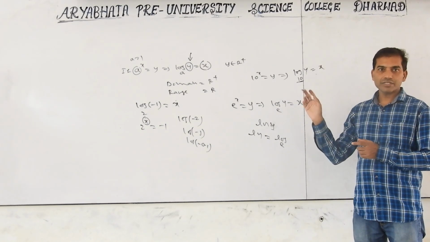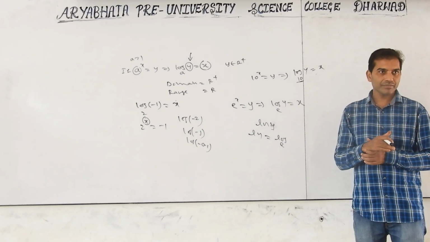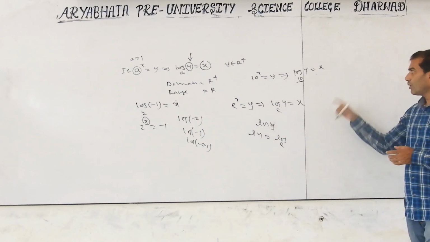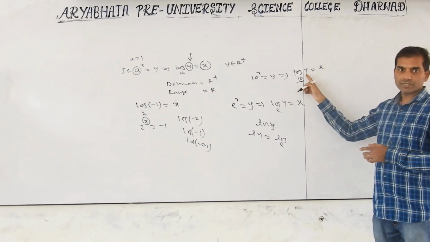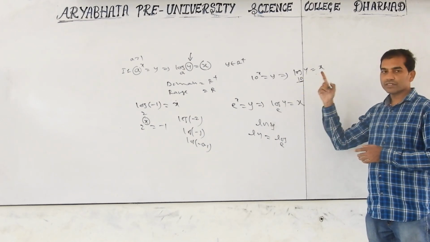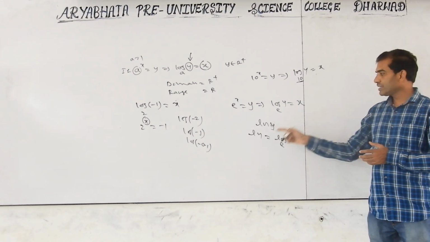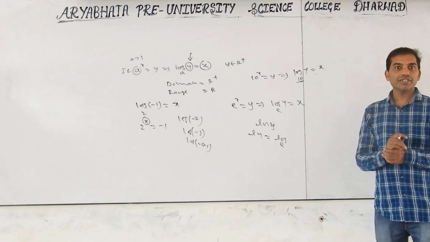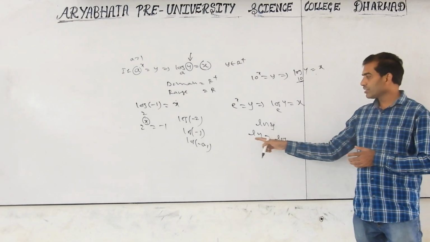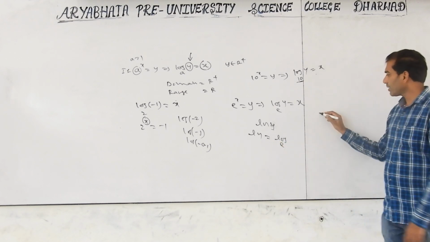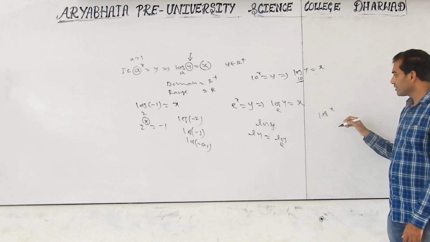Okay? Are you following? Just now I discussed log 100 base 10, log 1000 base 10. For example, how we can find by this concept. If the log base is 10, that logarithm is called the common logarithm. If the base is e, it is the natural logarithm. The natural logarithm is denoted by ln base e. For example, log x, what is the base?